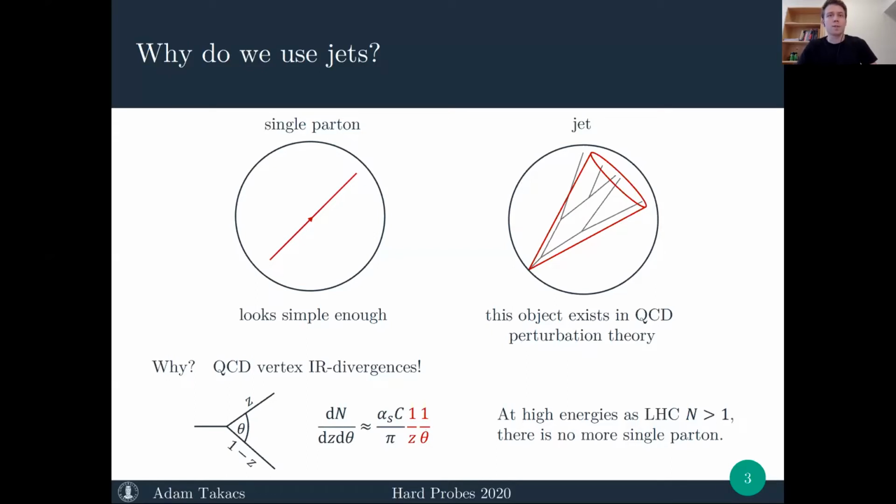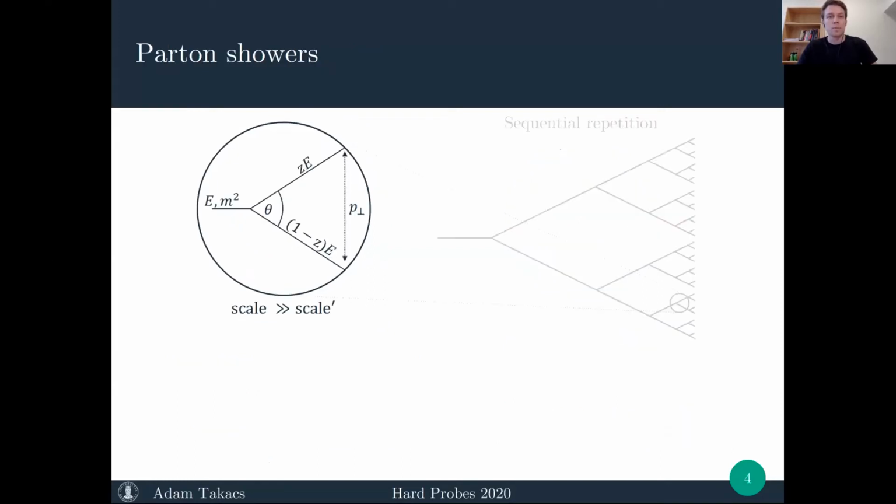At high energies, like at RHIC or at LHC, the available phase space is big enough to get a bigger probability than one to split for a single parton. Therefore, one has to include the additional radiation to it. Parton showers are the analytical and numerical tools to describe this radiation, and therefore jets. They are based on the simple QCD splitting from before, which has some properties, for example, the splitting angle or the relative momentum of the daughters.